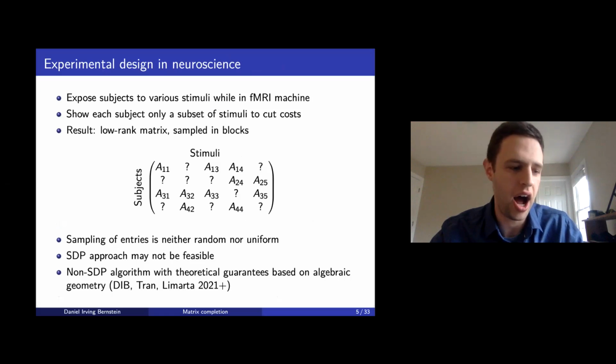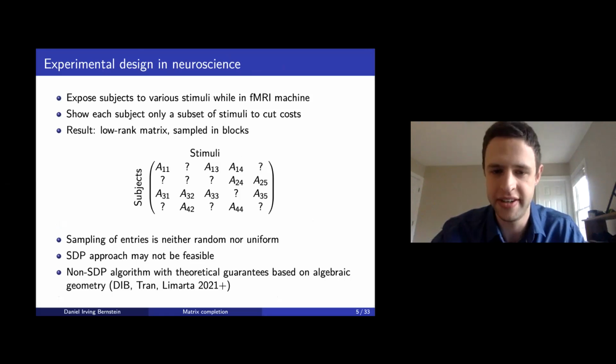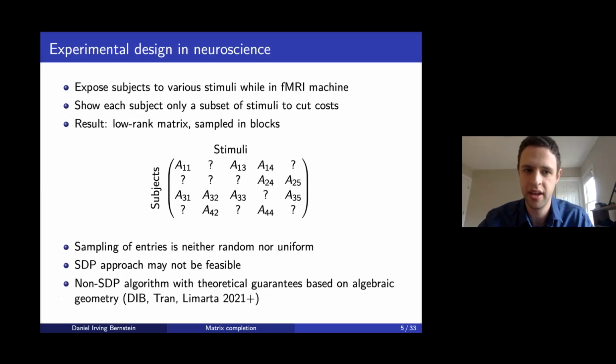Anyway, I also want to mention another application that's quite a bit different, and this is in experimental design in neuroscience. There are a lot of studies in neuroscience where researchers expose subjects to various stimuli while they are in an fMRI machine.